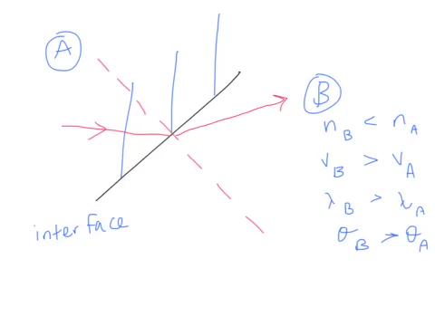Step 1, draw the incident ray. Step 2, draw the normal. Step 3, draw the refracted ray, which is this. Step 4, the last step, draw the new wavefronts in medium B. And you always start, again, using this as our reference point.